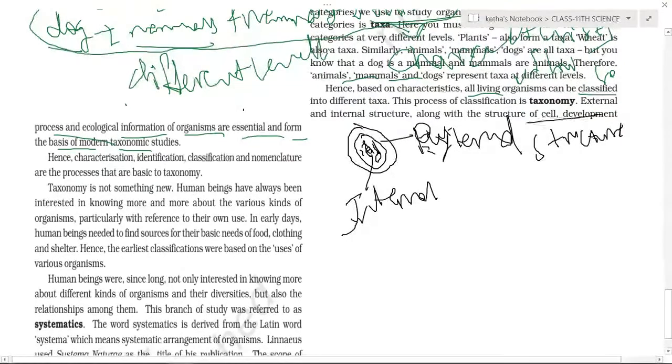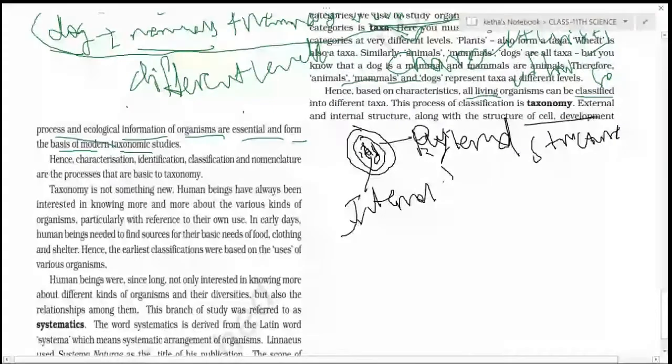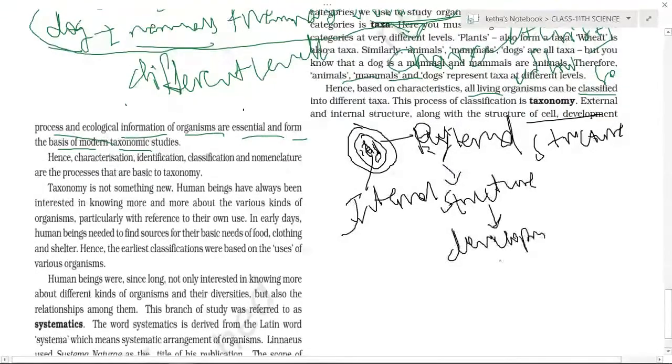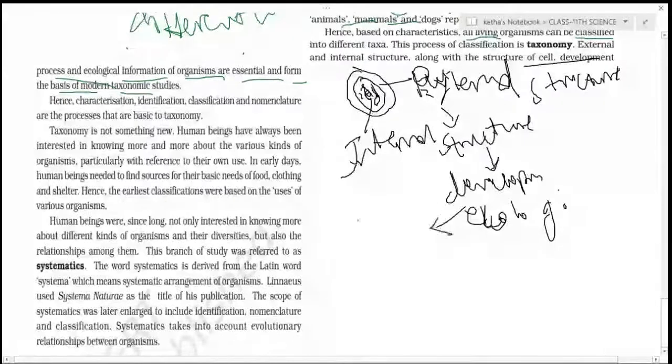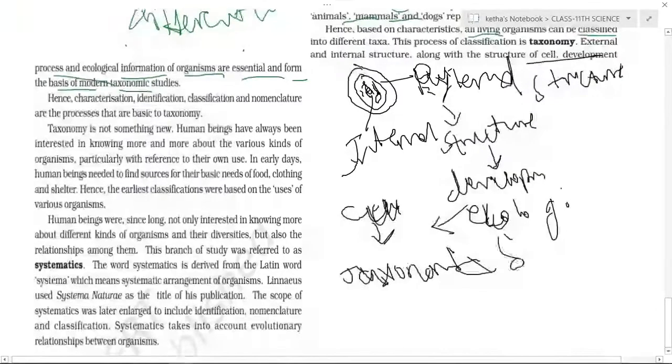Along with the structure of a cell, we can see its development, and we can also see the ecological information of an organism, which are essential for cell growth under different modern taxonomic studies.